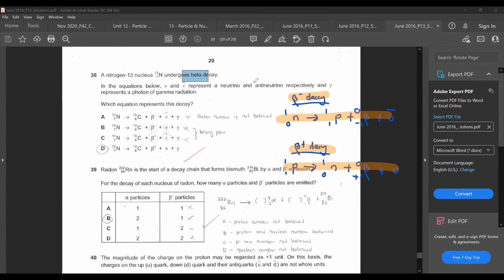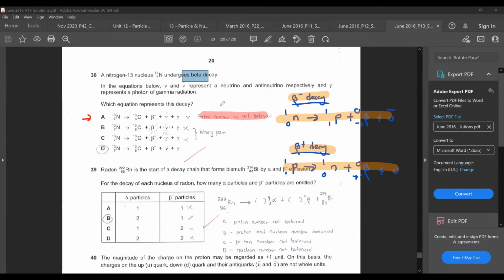So you look at the equations one by one. If you just look at, say, A, this one is beta minus, and then after that you have your anti-neutrino. It is seemingly correct here, but this is not what we want, because you see the proton number is not balanced.